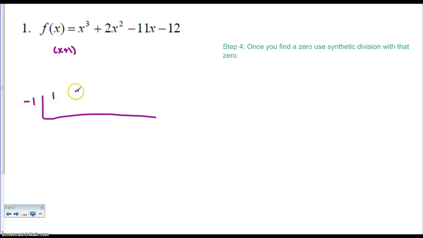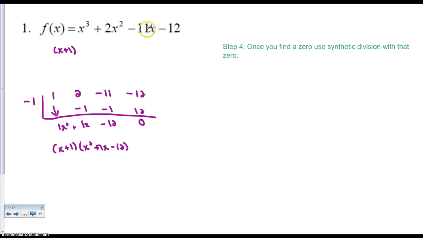So I have 1, 2, negative 11, and negative 12. Bring down the 1. I have negative 1. I have 1, negative 1, negative 12, positive 12, 0. So I know right now that if I were to take x plus 1 and multiply it by x squared plus 1x minus 12, I would get this quantity.